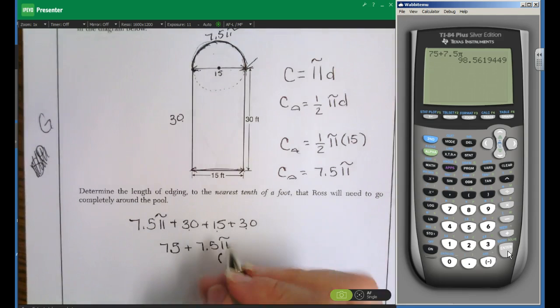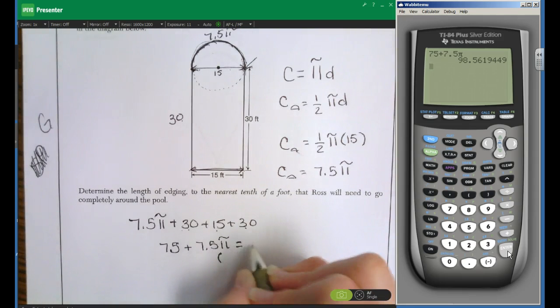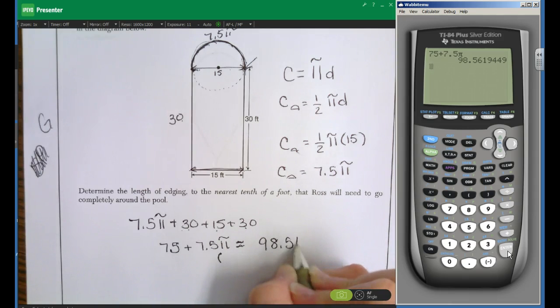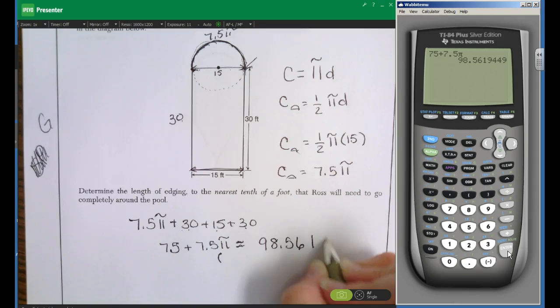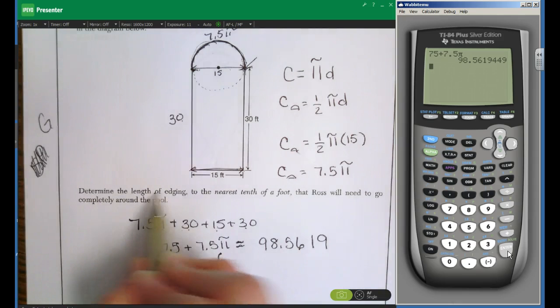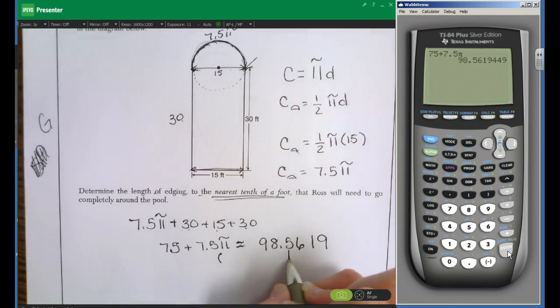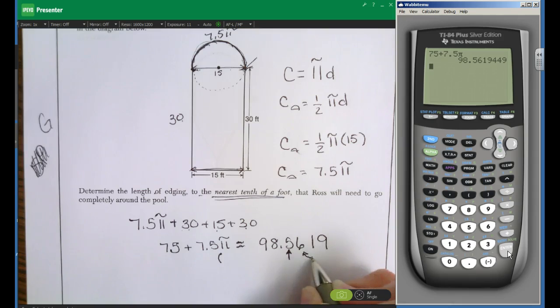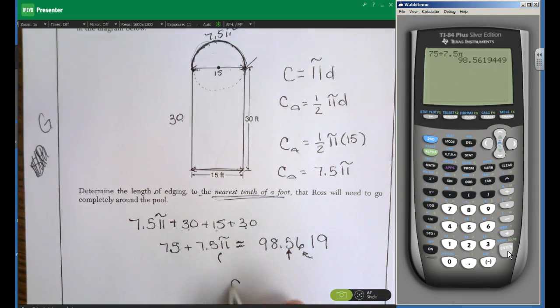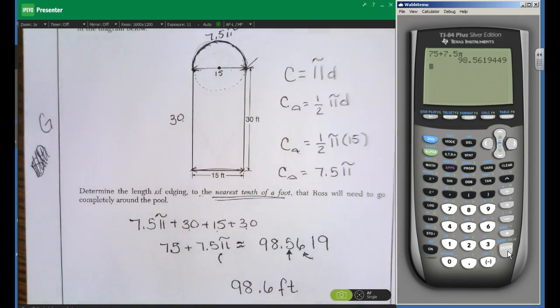When we type this in, it's going to be around 98.5619. Because it wants the length of the edging to the nearest tenth of a foot, this is the tenth. Because this number is 5 or higher, this is going to go up. So our answer is 98.6 feet. Next question.